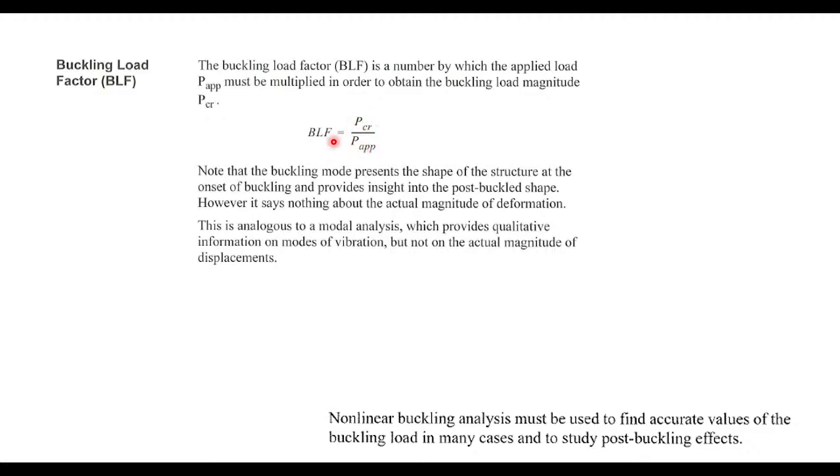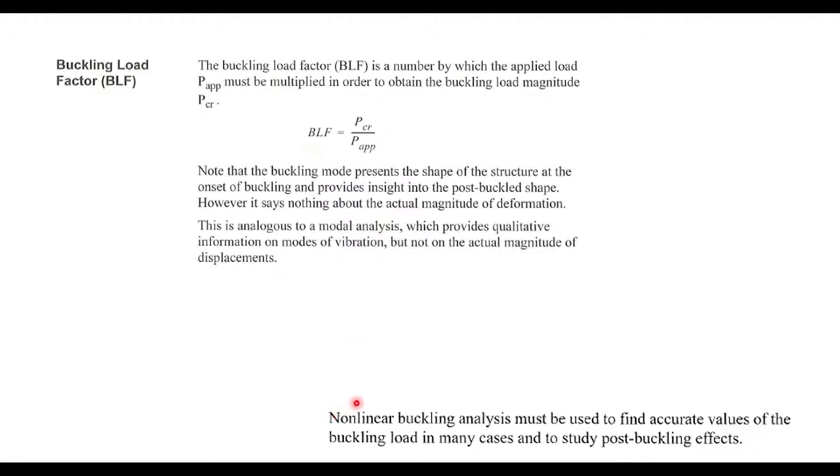Assume this is the formula: buckling load factor is equal to critical load divided by applied load. So what you can do is consider the applied load as unit 1 and multiply it with the buckling load factor. Now you'll directly get the critical load, which is whatever load you have applied, and accordingly you will get the results. We'll see how we can get the results and how we need to extract the buckling load factor.